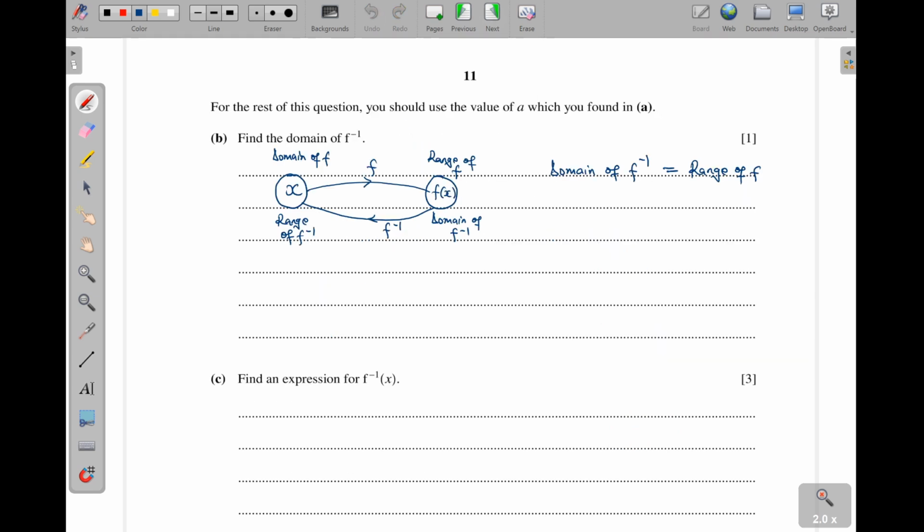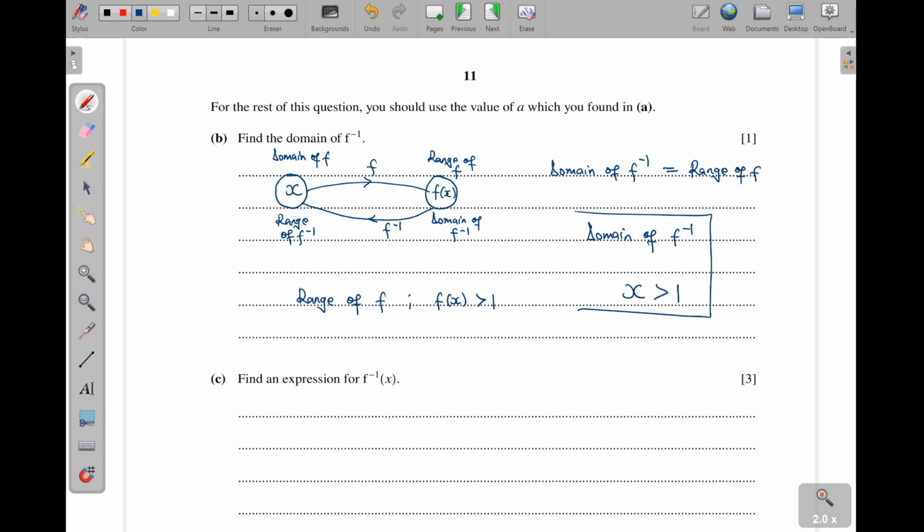So when I go back here, range of f, okay, it is f of x greater than 1. That means the domain of the inverse, what is it going to be? It is going to be this one, but drop the function because the domain is not given in terms of the function. So the domain of the inverse is going to be x greater than 1.